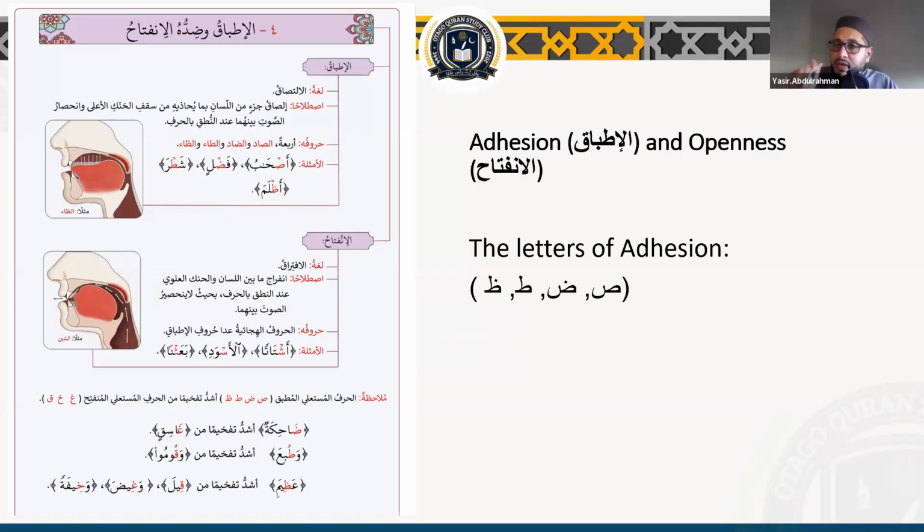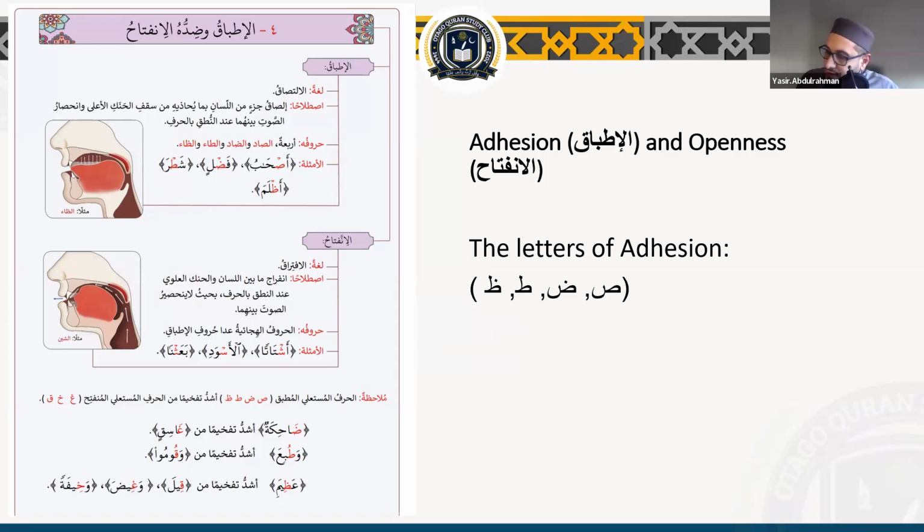So the kaf is going outside, the qaf is going upwards. However, the ta is pushing all the way up. There's adhesion in there, there's no openness. And that's clearly summarized in the last example, which is in page 83, the bottom part of it. You see the 3 letters, the kaf and the qaf and the ta.